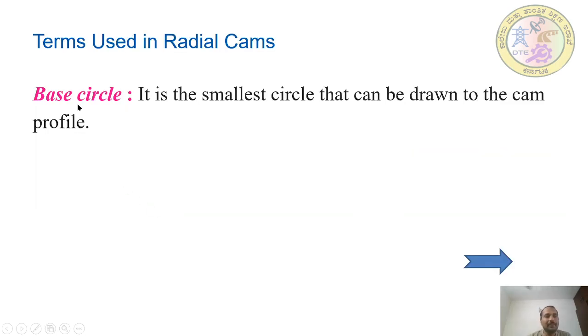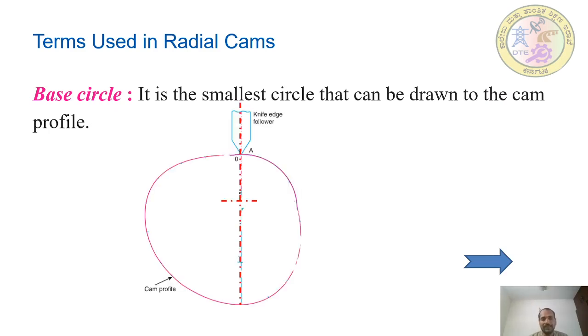Let us begin with base circle. The base circle is the smallest circle drawn from the center of the cam to the cam profile. Consider a cam profile with knife edge follower.